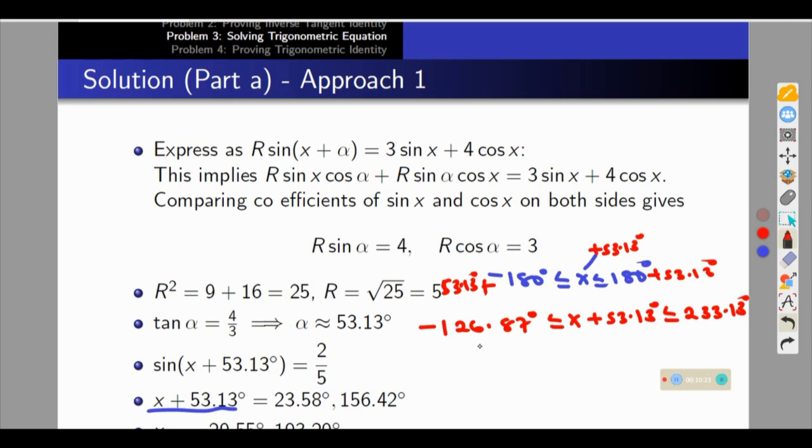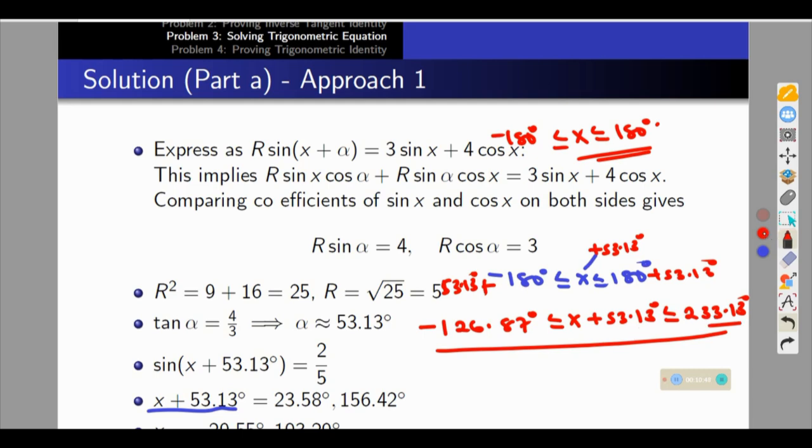So this will be the range for x plus 53.13 degrees. That will give you the value of x which satisfies the range of -180 degrees less than or equal to x less than or equal to 180 degrees. So we need the value of x plus 53.13 degrees in this range here.